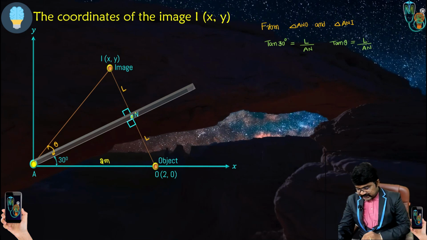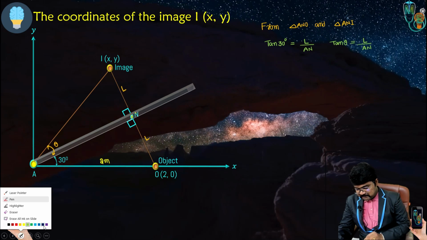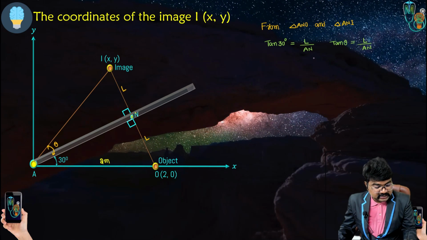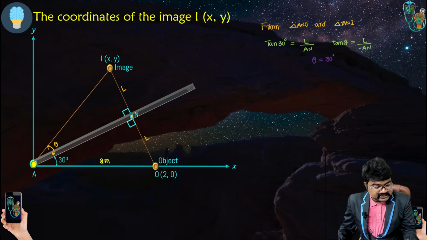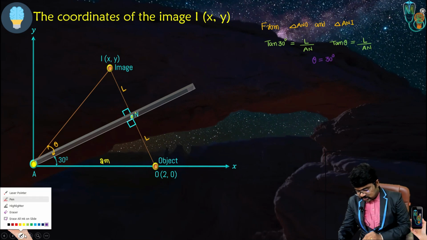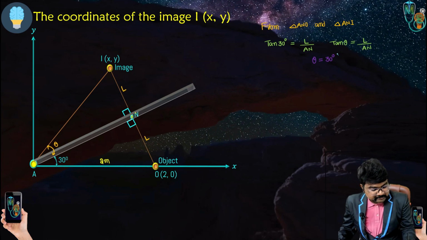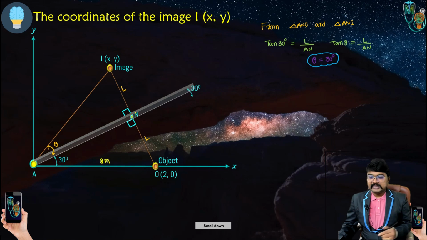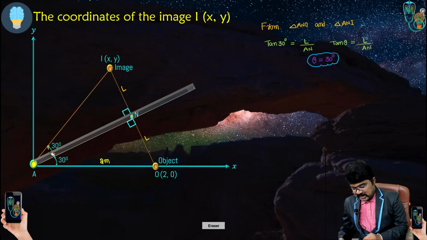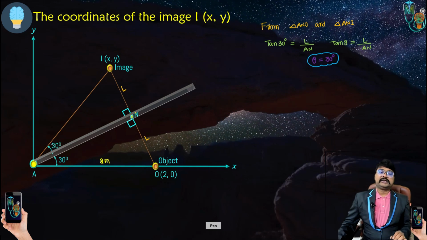In order to get that relation, theta must be equal to 30 degrees. Understood? Theta equals how much? 30 degrees. So here we proved that theta equals 30 degrees.